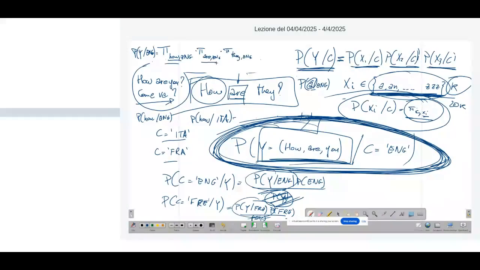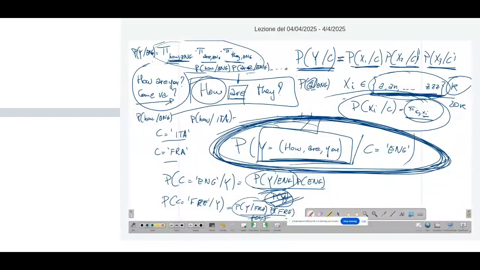So for each language, I will have a set of parameters for all the words, and this corresponds to the probability of the word how, given that the class is English, the probability of the word are, given English, and so on. Is it clear up to here?